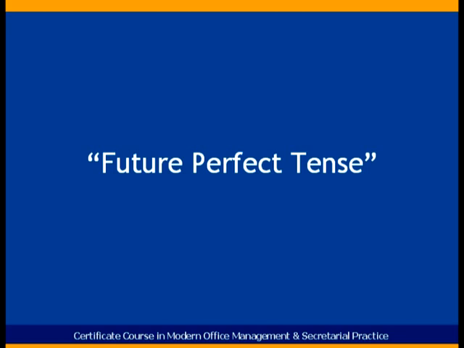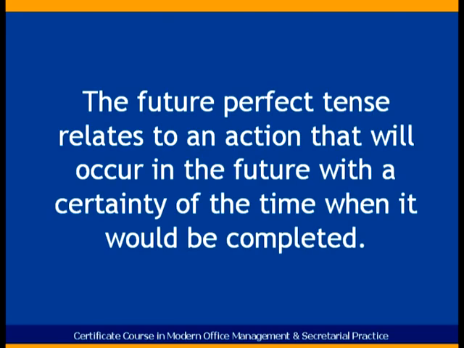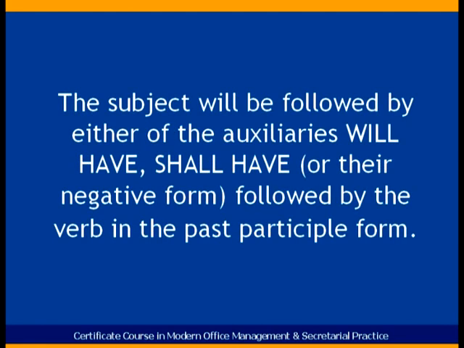Future perfect tense. The future perfect tense relates to an action that will occur in the future with a certainty of the time when it would be completed. The construction of the sentence should be like this.